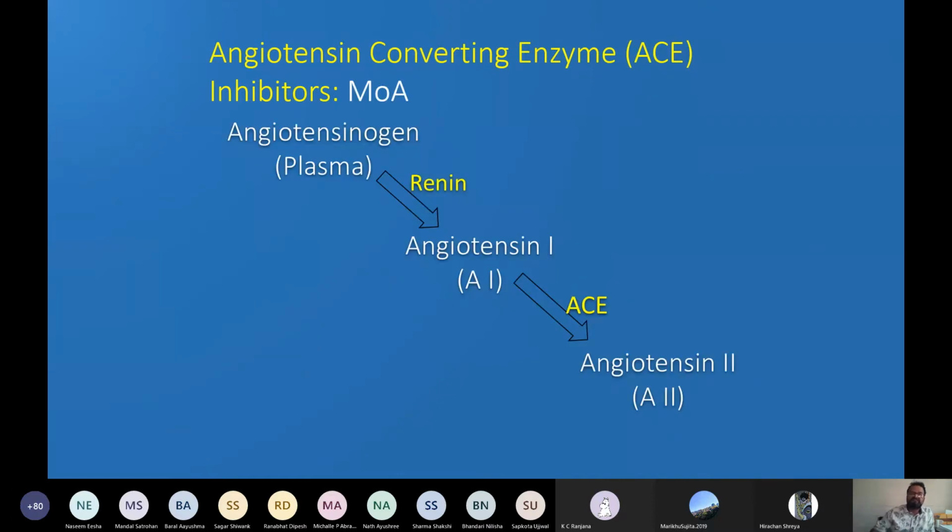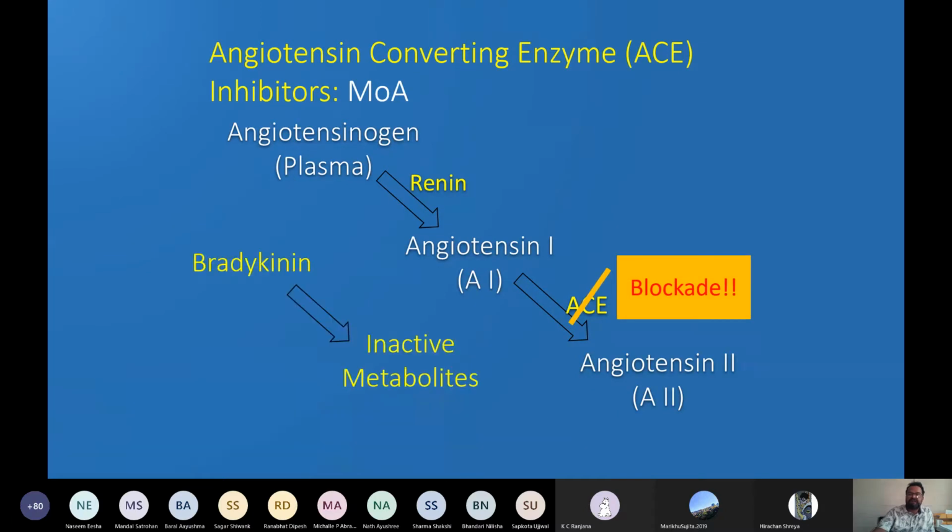So this figure I am showing you again, to show that this is the blockade. And not only that, you can see that the ACE inhibitor, which would degrade bradykinin, is also blocked. Angiotensin converting enzyme, in addition to its prime action of blocking angiotensin 2 formation, will prevent bradykinin from degrading into its inactive metabolites.